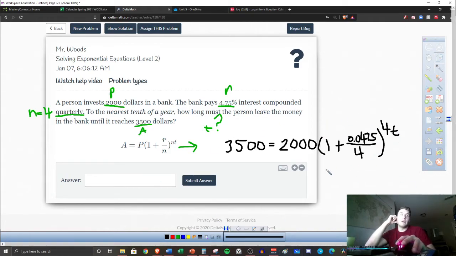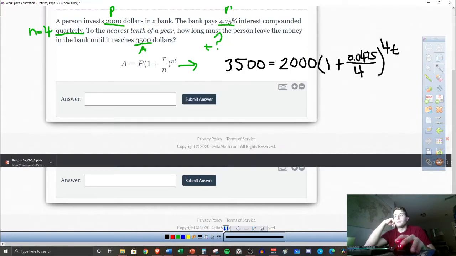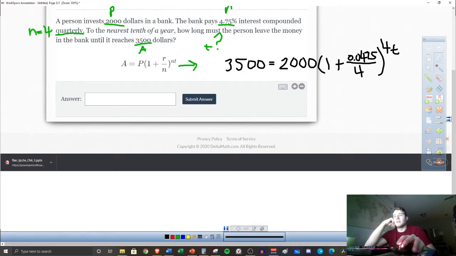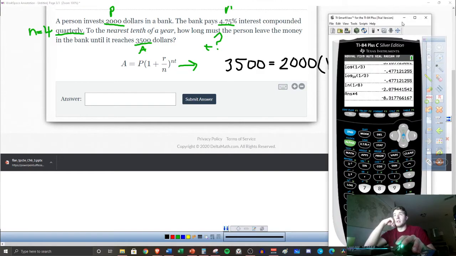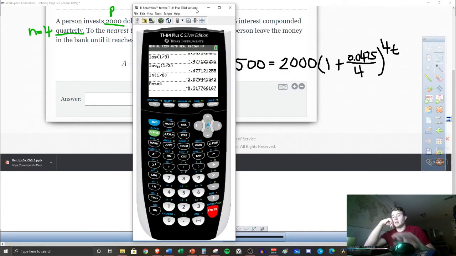Now I want to simplify that a little bit. I want to simplify what's inside of this fraction. So let's go ahead and do that. I'll use this to do that. We want 0.0475 divided by 4. That's this value. I want to add that to 1.